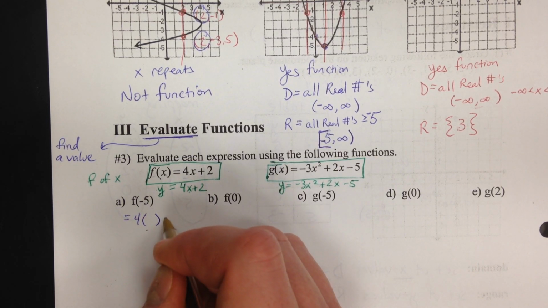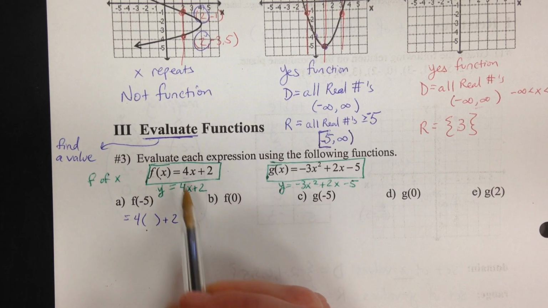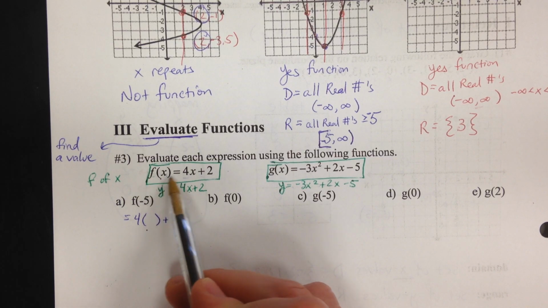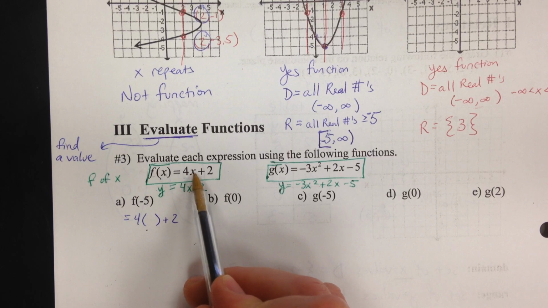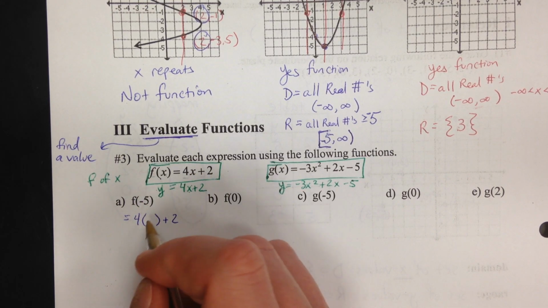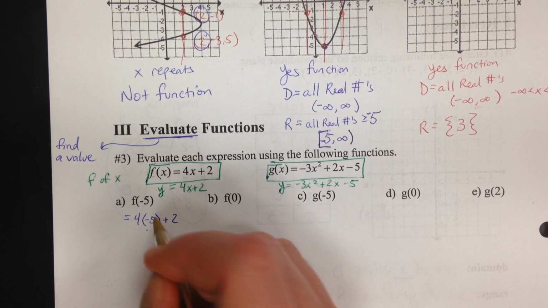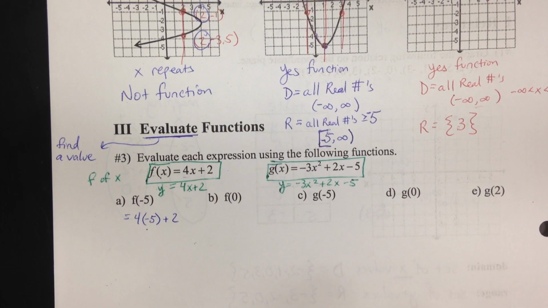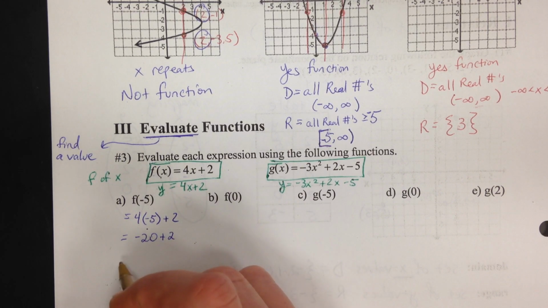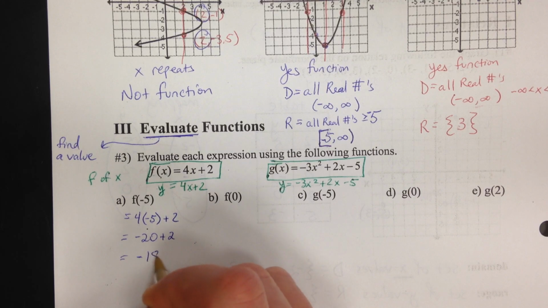But instead of that variable x, they're telling me to put in a number, and the domain value is negative 5. So f of negative 5 equals 4 times negative 5 plus 2. Now we work it out. We multiply to get negative 20, and then we add 2, and our answer is negative 18.